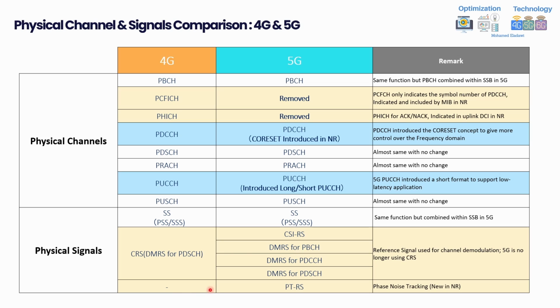It's just been introduced in 5G, and actually this refers to the phase tracking reference signal, and it's more required for phase noise estimation and compensation, especially in the mmWave and the higher frequencies.